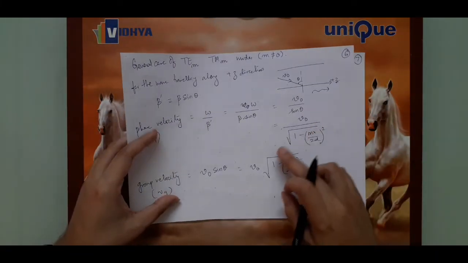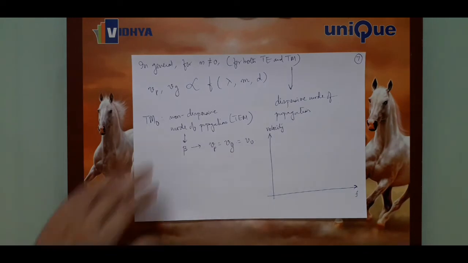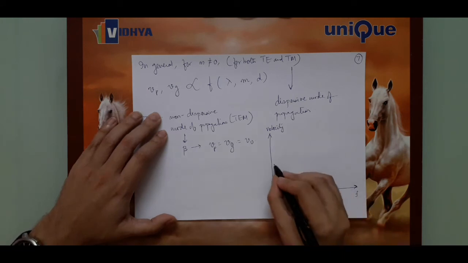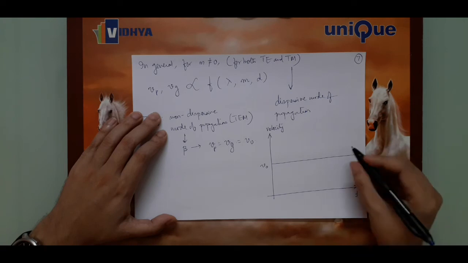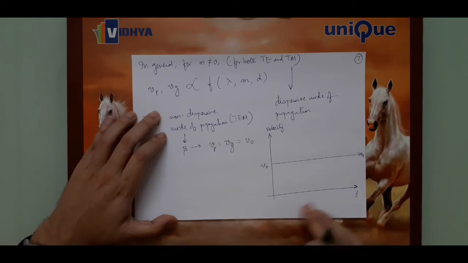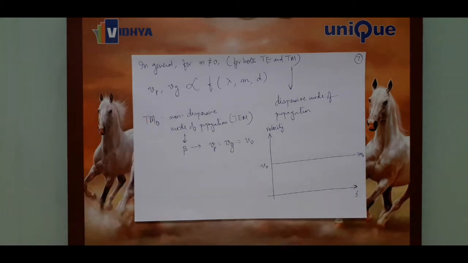What happens is both phase velocity and group velocity become equal to V0, and there is no concept of frequency at all. So if this is V0, this indicates the way the TM0 mode propagates. As you can see, any frequency can propagate using TM0 because this is a non-dispersive mode. There is no concept of a cutoff frequency.